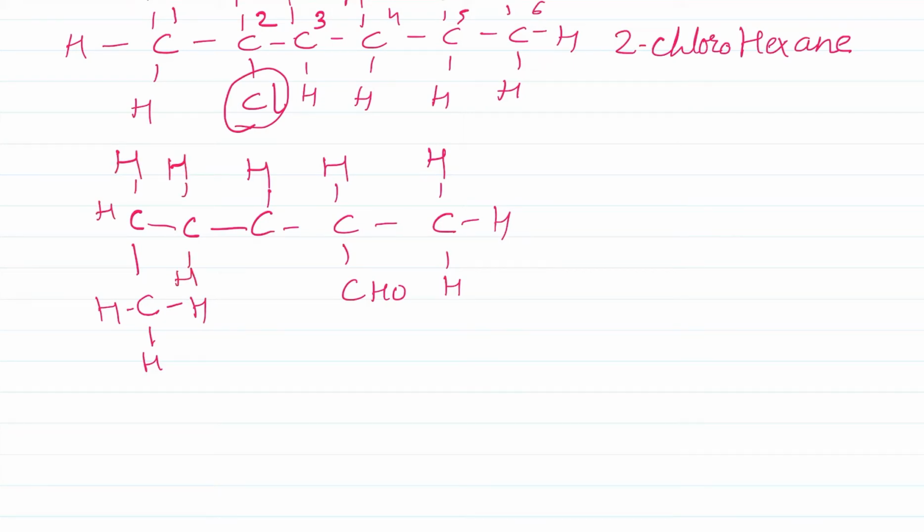Now here, this has to get the smallest place or the first place. So this is 1, 2, 3, 4, 5, 6. This will be counted as a substituent group. Now here, we have total main chain 6.